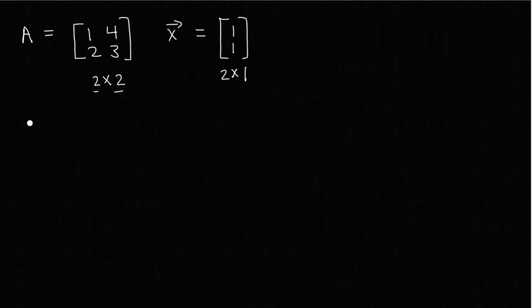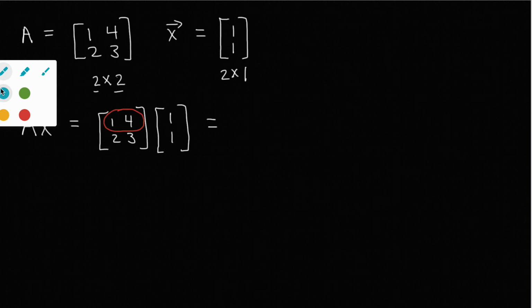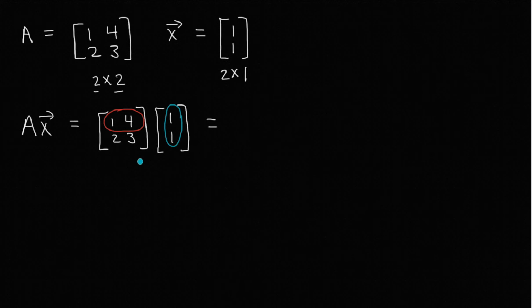Okay, so now let's see if we can find A times x. So what we're going to do is put A on the left side, and we're going to put the column vector x on the right side. And we'll multiply these two matrices. Let's choose red, and circle the first row, and let's circle the first column of the vector x.